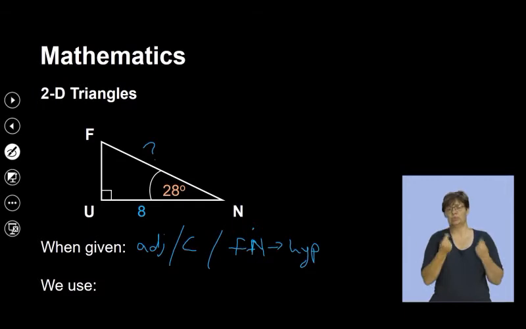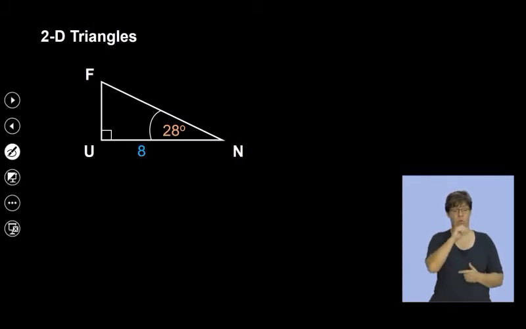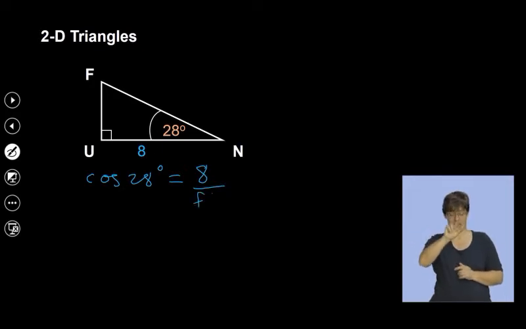So to do that, we will then also use the cos ratio. And if you want to use the cos ratio here, this will still be cos of 28 degrees is equals to adjacent, which is 8, over the Fn, which is what I'm trying to find.